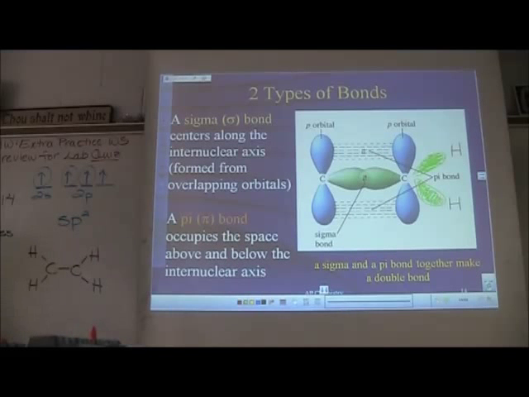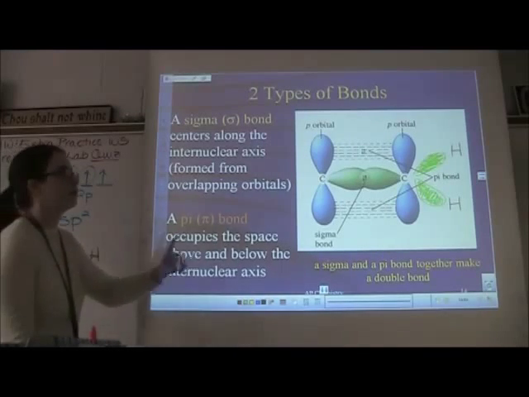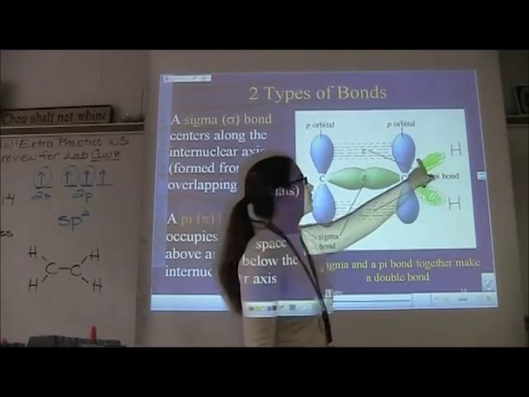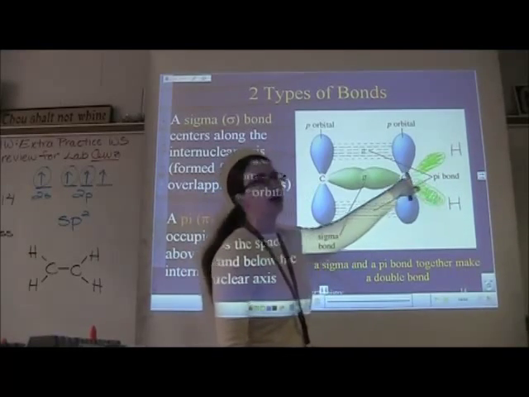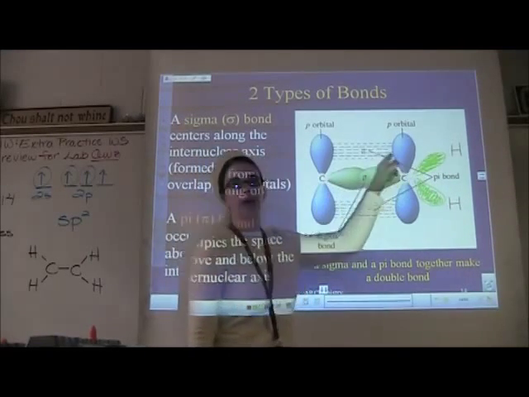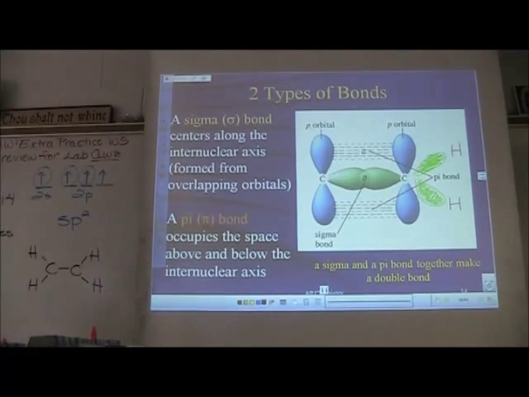How many sigma bonds total are in that drawing? 5. 1, 2, 3, 4, 5. Remember, a sigma bond is just where the hybridized orbitals are. There are 5. Let me put that double bond back.